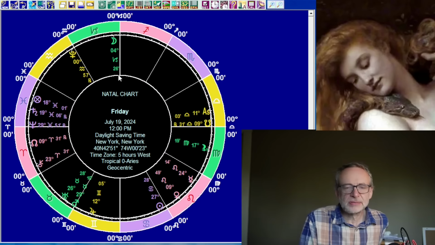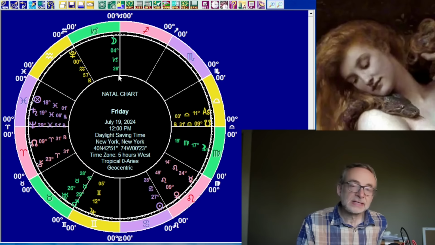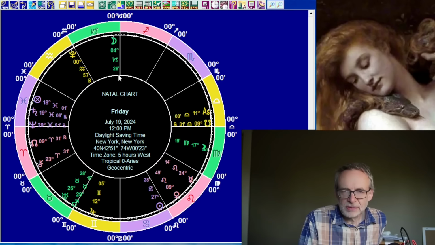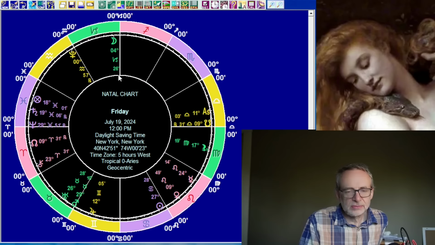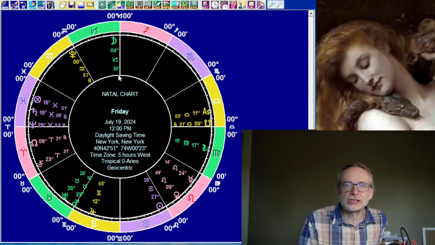And so with the sun semi-square Jupiter, there may be a certain tendency to exaggerate things. The sun is making a 45-degree aspect to Jupiter. And there are a number of ways in which that could manifest. We shouldn't forget that Jupiter can be quite moralistic. We often forget that, but Jupiter can be the judge.